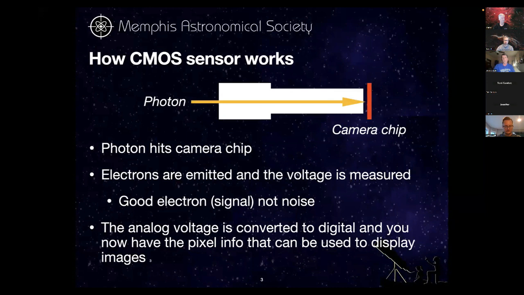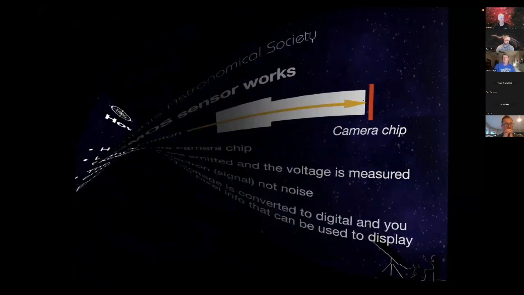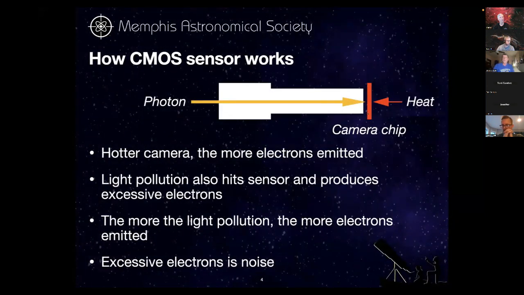Just briefly, we all know that a photon hits a camera chip, an electron is emitted, and that electron is analog data that is eventually converted into digital data, I think by way of voltage. But there is another element of noise we need to worry about, and that's that cameras heat the sensor. The hotter the camera is, the more electrons are emitted and the more noise.